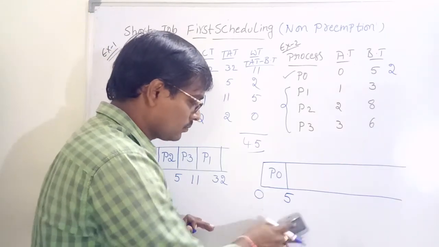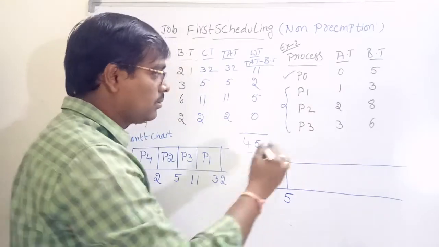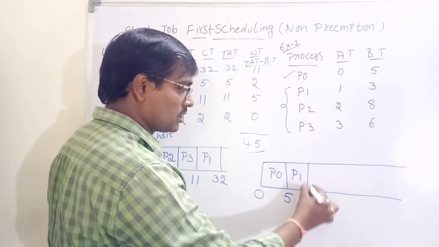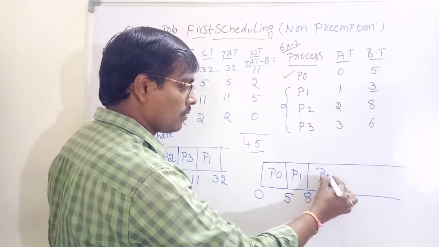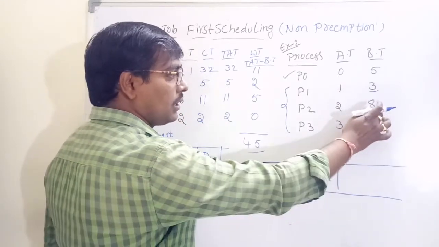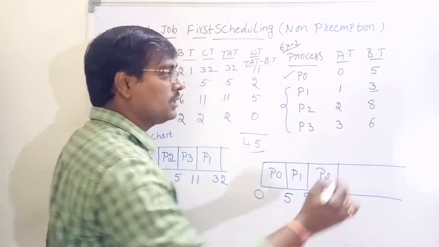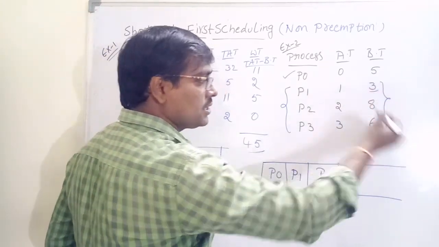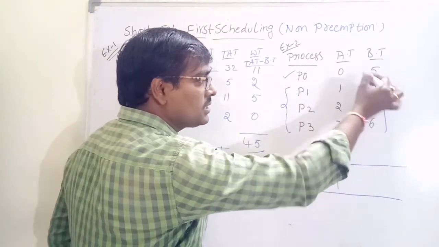Okay? But coming to the same question, now we have three processes available. So execute process P1. It requires 3 milliseconds, so 8. Then process P2, 8 plus 8? So is it right? No. Why? Because all three processes are in the system, and among these three, I execute the one with the least burst time.